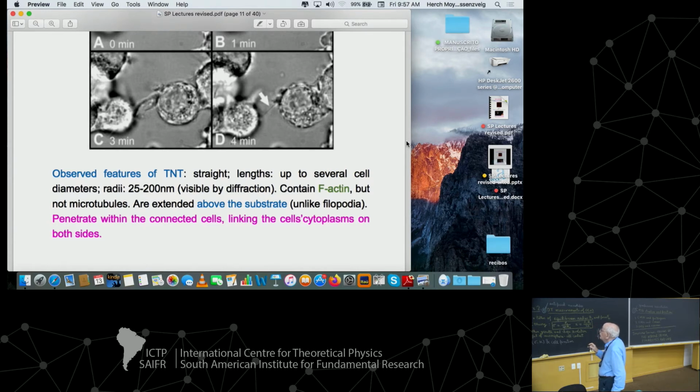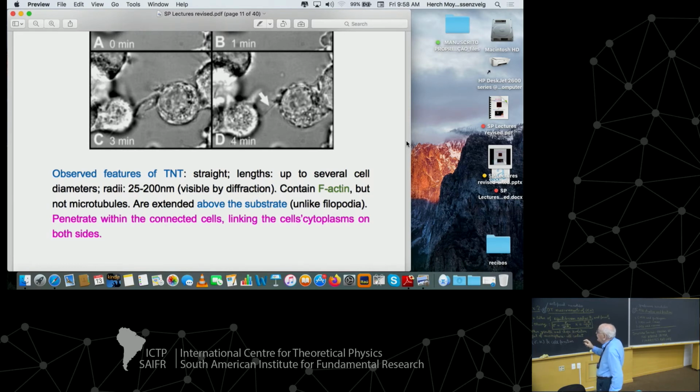Now, Rustam and others observed several features of these TNTs. First, they found them to be straight, as you can see in this arrow. The lengths were up to several cell diameters, so it could be several microns.